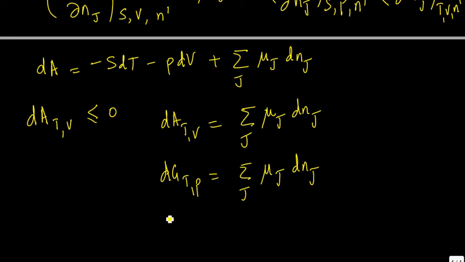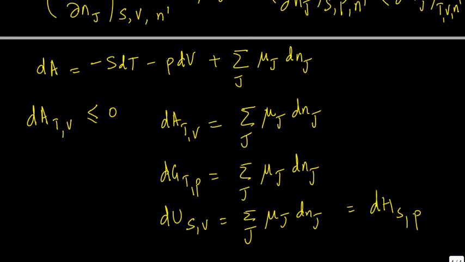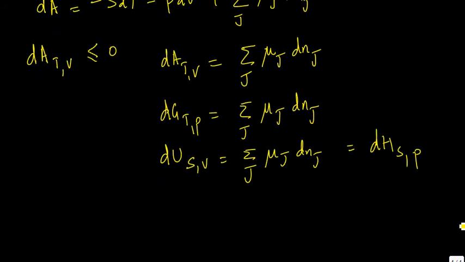Likewise, you can convince yourself that dU at constant entropy and volume would also be equal to dH at constant entropy and pressure.